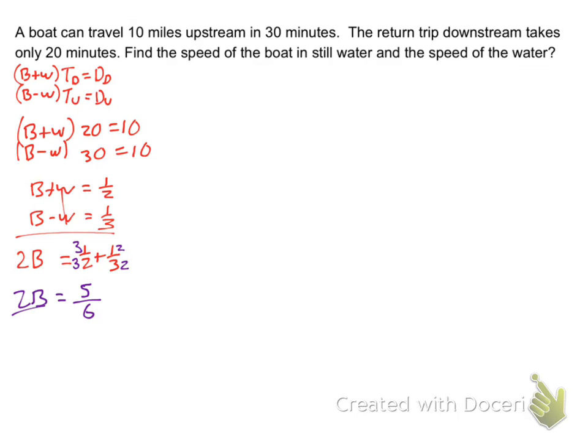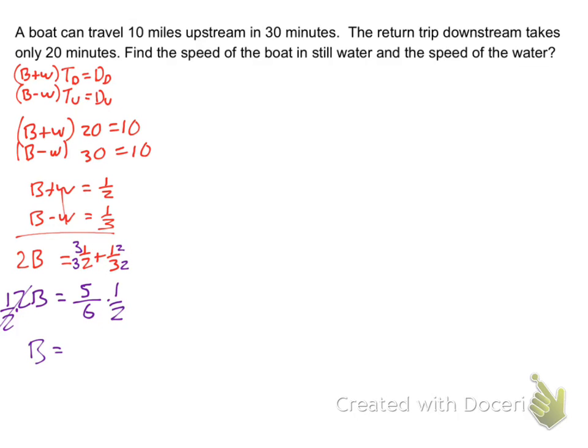And then I've got to divide by 2. Wait, I'm not going to divide by 2. I'm going to multiply by 1/2. By multiplying by 1/2, I don't have to worry about the common denominators and the complex fractions. I'm just going to deal with fractions straight as they are.